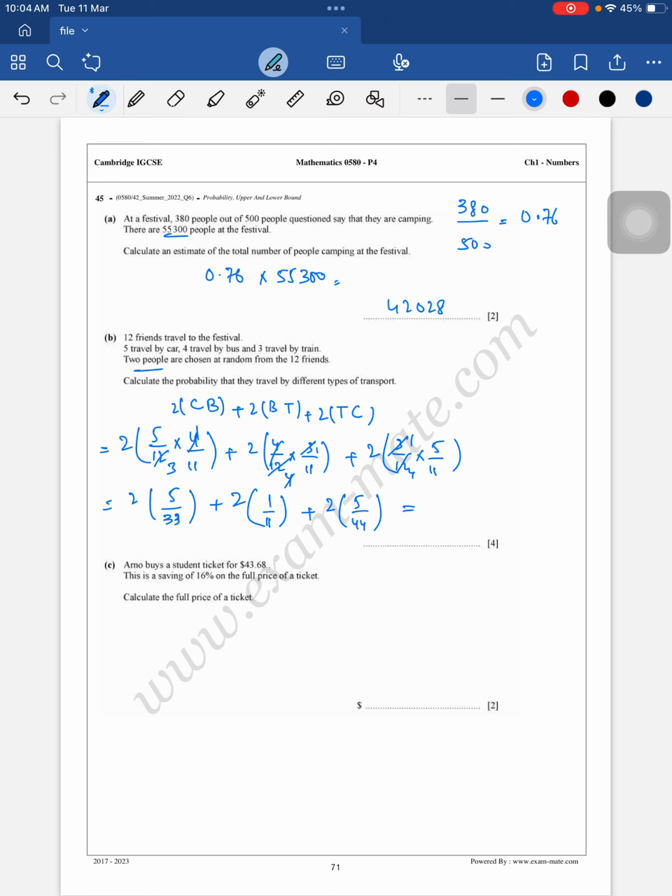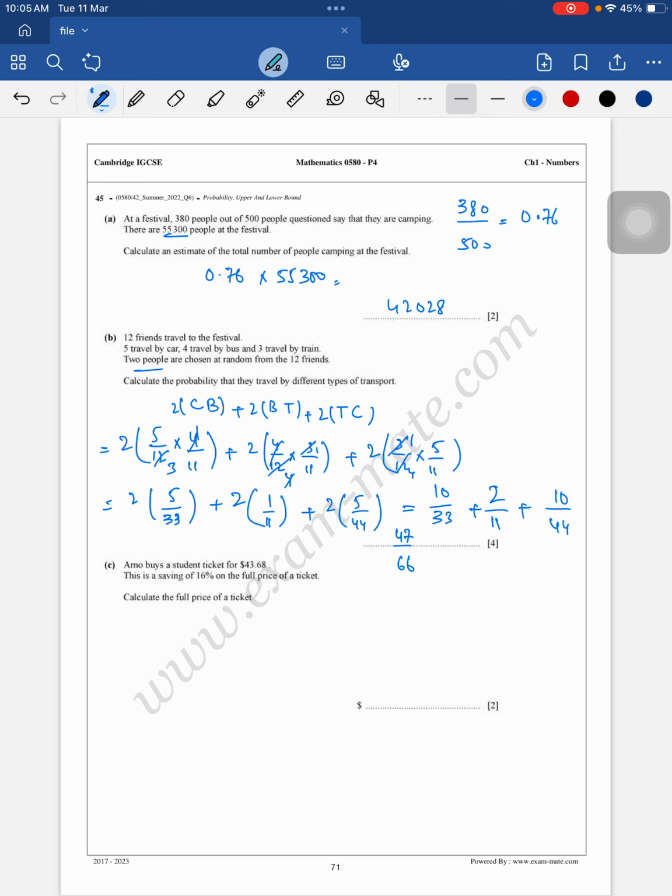So putting this in the calculator, we can write 2 into 5 like this: 10 upon 33, 2 upon 11, and 10 upon 44. Right, putting all in the calculator, we get the answer 47 by 66.